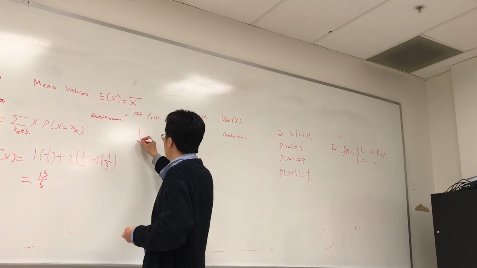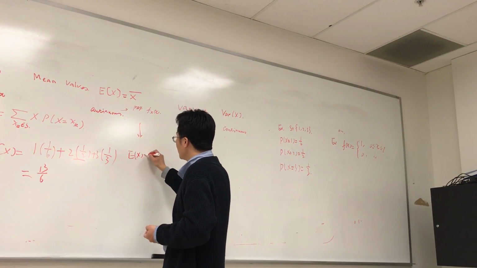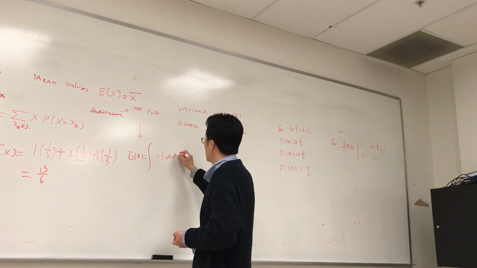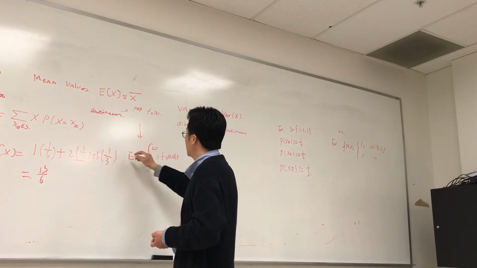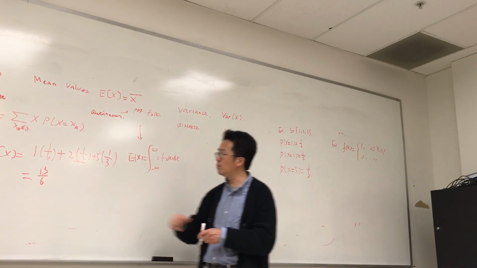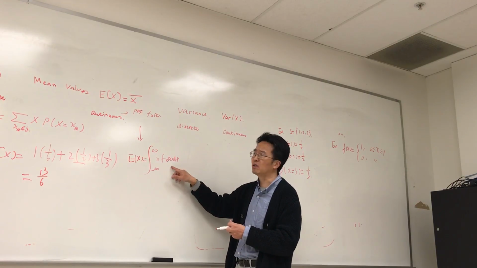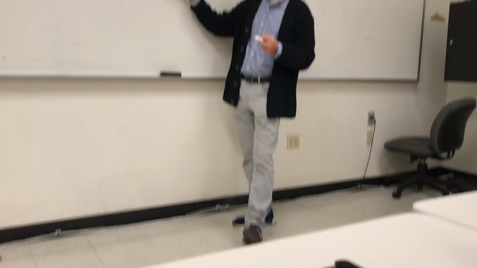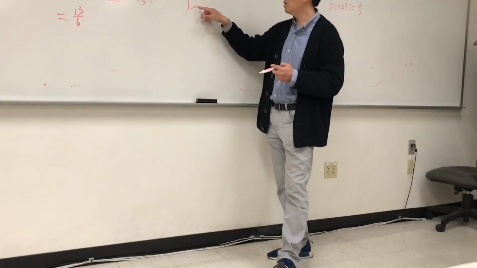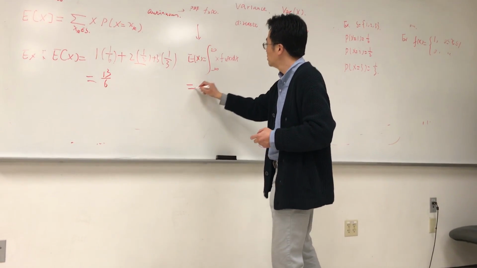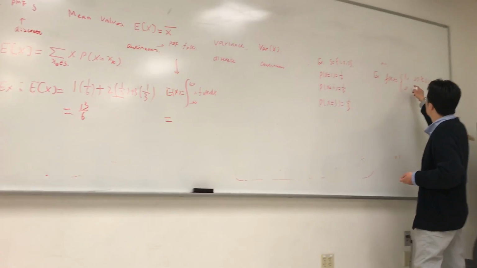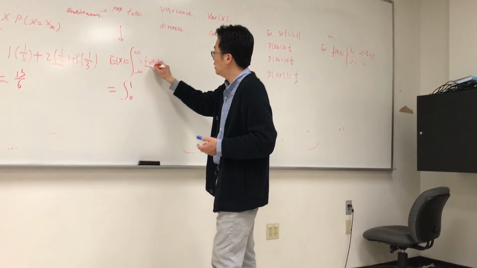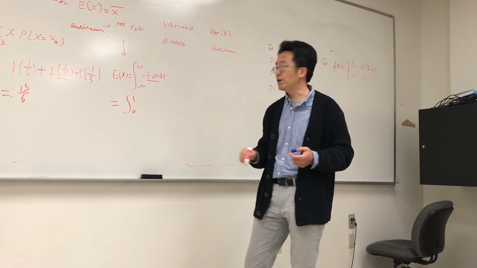So for the continuous case, E[X] will be the integral of x f_X(x) dx. And this is a translation from the discrete case to the continuous case. You can see here, value times probability, and the probability here is the density function. Minus infinity to infinity, but in our case, because this density is from 0 to 1, we have the integral from 0 to 1, and the density is 1 in this range, so it's x here.